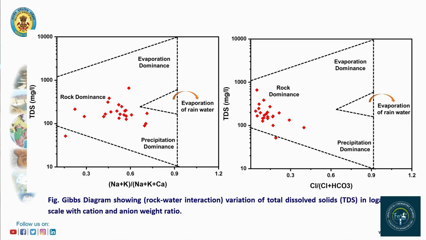The next slide is the Gibbs diagram. We have plotted all 23 samples, and we can see here all the samples are towards rock dominance. That means the felsic granitic terrain is present nearby. So there is no evaporite or precipitation dominance, because only the felsic rocky terrain, a granitic terrain, is nearby.